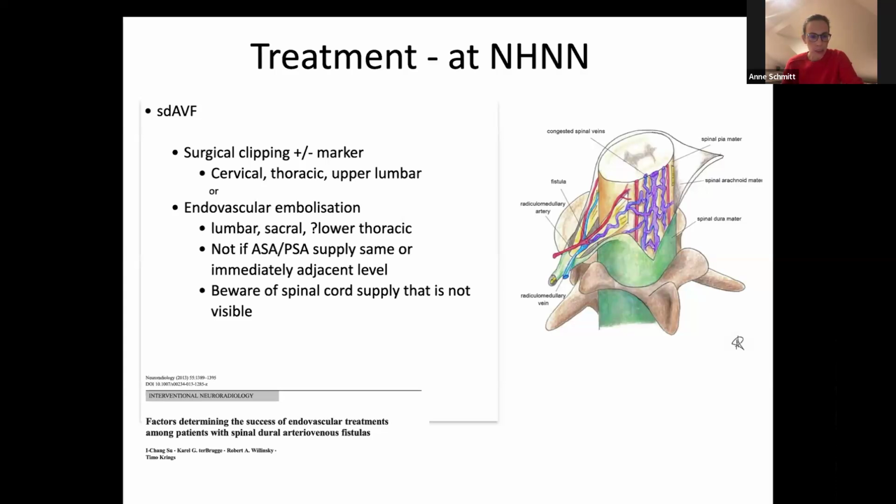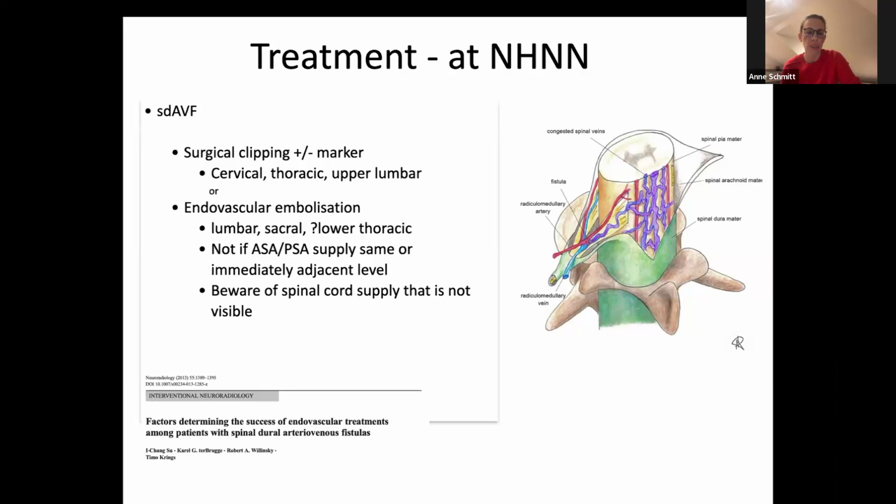What else? Another reason why I think endovascular embolization has less of a role in high cervical or cervicothoracic or upper lumbar fistulas is that I've seen 2 cases where spinal cord supply was not visible on the initial DSA, but once the fistula had been treated and you do a check angiogram at that level, you could identify a very small ASA or PSA supply.